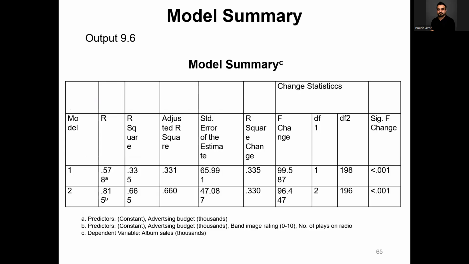In model 2, we have multiple predictors, so we have different values for R squared and adjusted R squared. So remember, if you see model 1, model 2, that means we have either one predictor variable or multiple predictor variables.